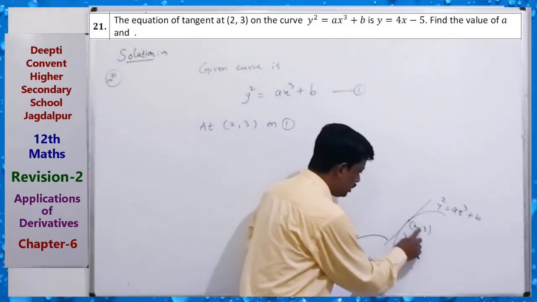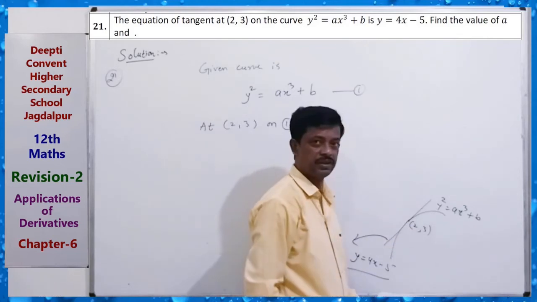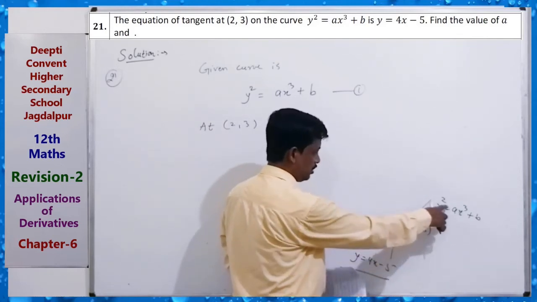How can you find them? Since (2, 3) lies on this curve, (2, 3) satisfies it, so put the values of (2, 3) in this curve.